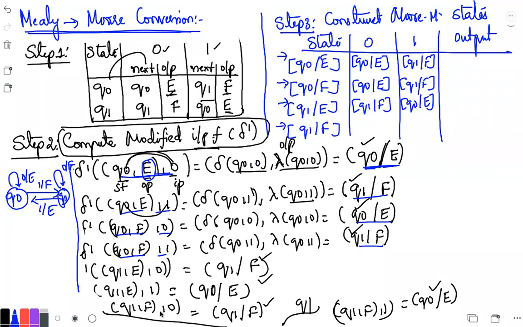Q1 on F with 0, Q1 on F, right? Q1 on F with 1, Q0 on E.